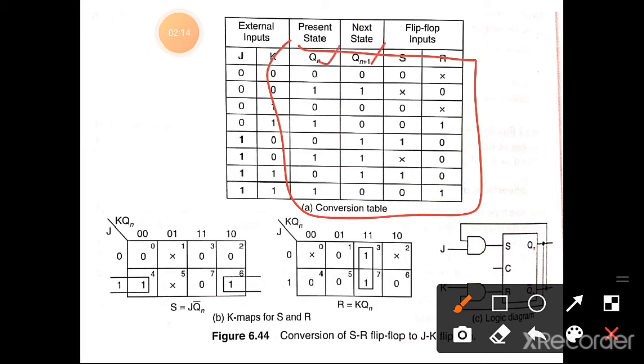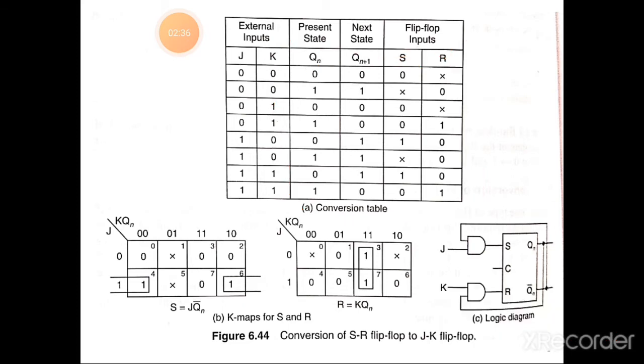From this we need to find out the SR value. Write what values of S and R are required to change the state of the flip-flop from Qn to Qn plus 1. So we have to see for which SR values the change from Qn to Qn plus 1 occurs.